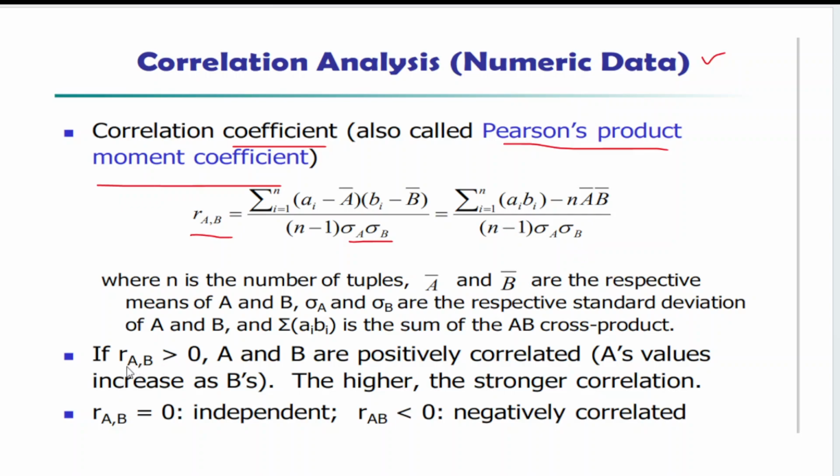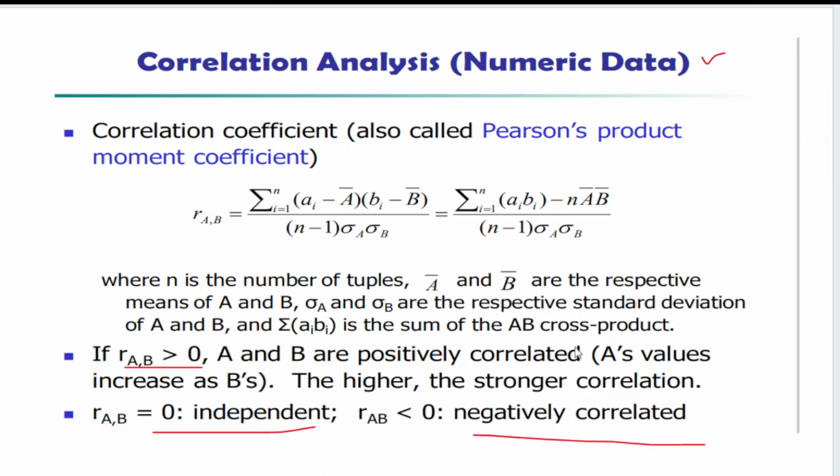So for numerical data, I can find out whether my r of A comma B is greater than 0 or not. If it is greater than 0, A and B are positively correlated. If the value is equal to 0, they are independent. And if the value is less than 0, they are negatively correlated to each other. This is the way to compute the correlation analysis of numerical data. So let's go into the next slide.